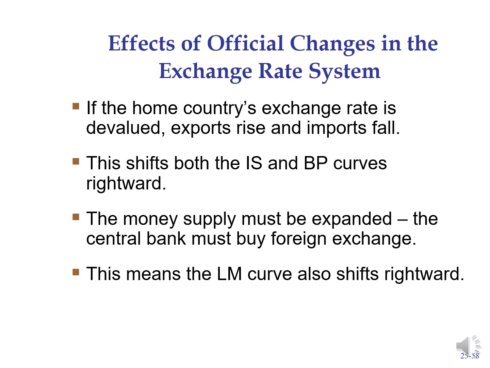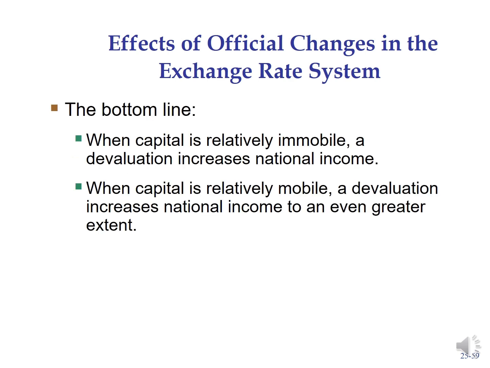This means the LM curve also shifts rightward. The devaluation increases the output, or Y. The bottom line: when capital is relatively immobile, a devaluation increases national income. When capital is relatively mobile, a devaluation increases national income to an even greater extent.